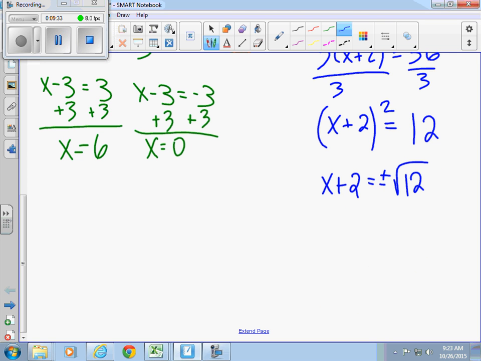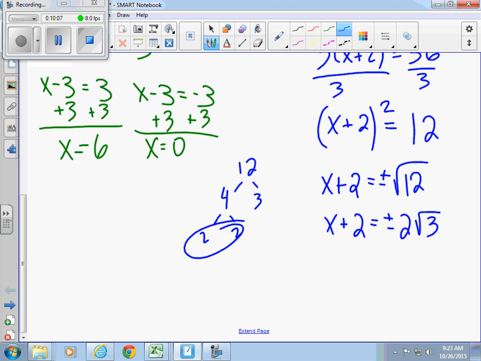Square root of 12, I'm going to try to break that down. Does it break down? You could do that. 12 is 4 times 3, right? Or 2 times 2 times 3. Now remember doing the factor tree? So side note. I can take that 2 out of there. 3 is left inside.